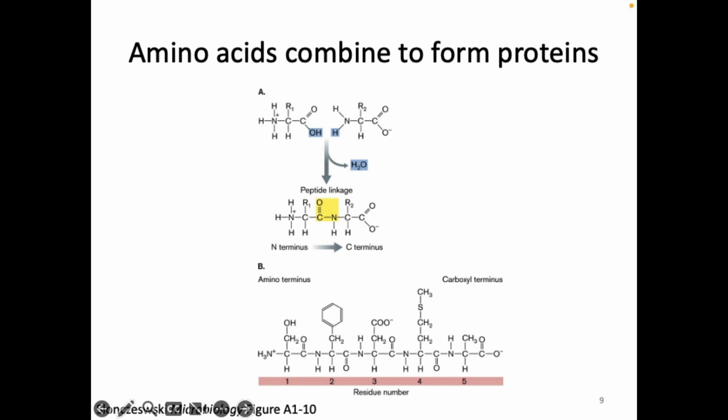And you can see that here, you can see a longer chain of amino acids. We've got this nitrogen from the first amino acid, carbon-carbon, nitrogen, carbon-carbon, nitrogen, carbon-carbon. It's a long string of this. Often the nitrogen at the very end, at the amino terminus of the protein, will actually have a positive charge.